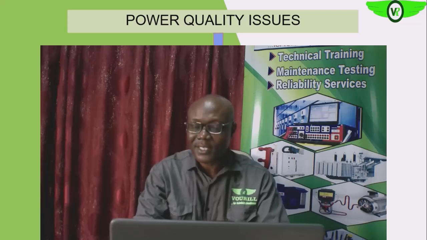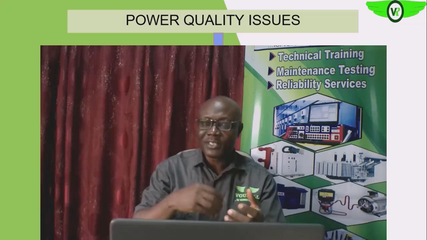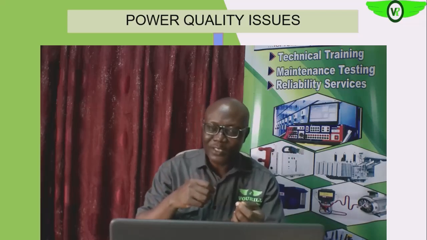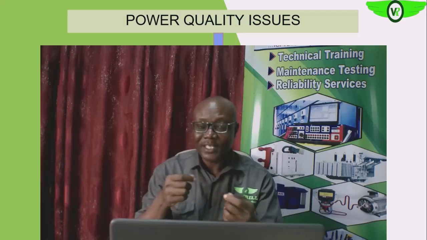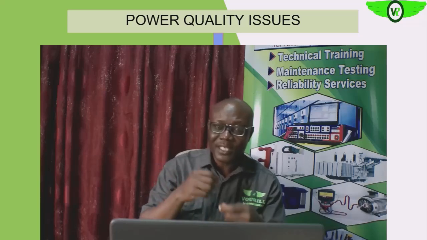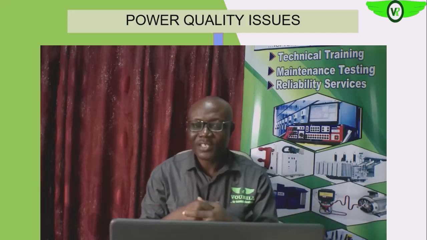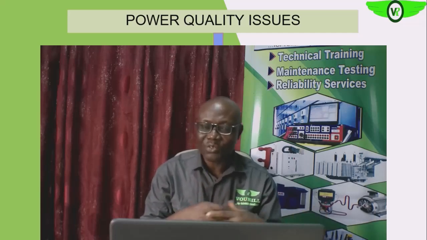Are we getting it? So sags and swells, like under voltage and over voltage, are still not good for our system. Because with sag, the repeated increase in current flow stresses the conductor and the insulation.